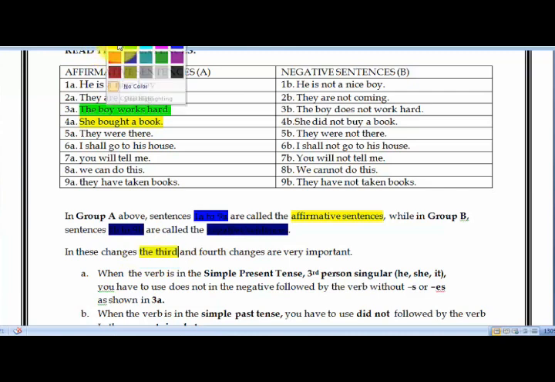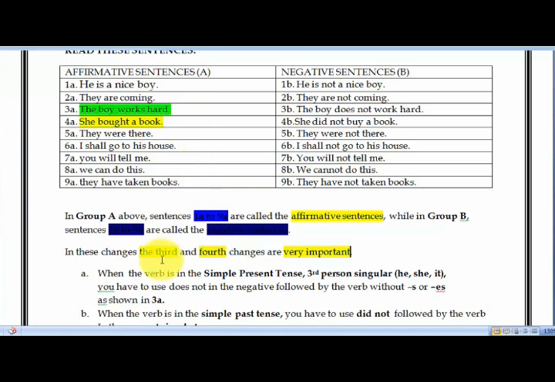that is 3a and 4a, are very important, crucial, vital. Yes, they are very important because you don't have any verb to be or any modal auxiliaries, so you have to be very careful.